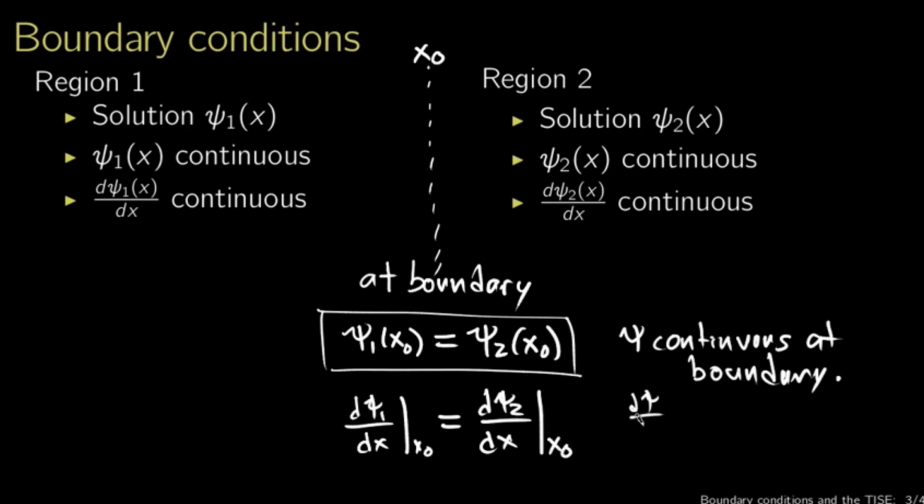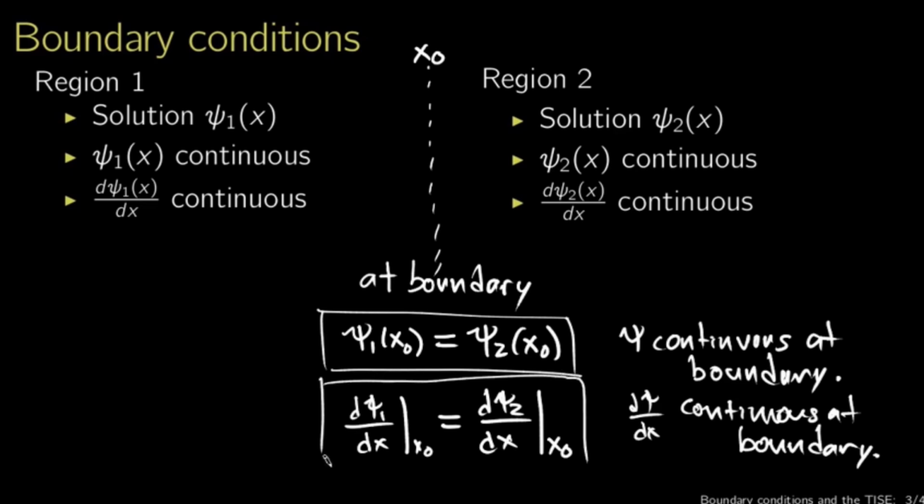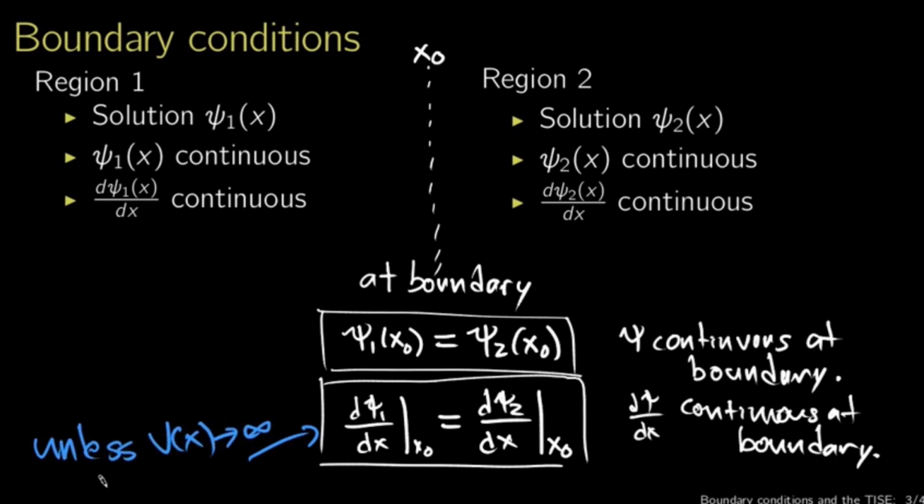What this says is d psi dx is continuous at our boundary. This is our second major boundary condition, and this holds unless V of x goes to infinity at the boundary.